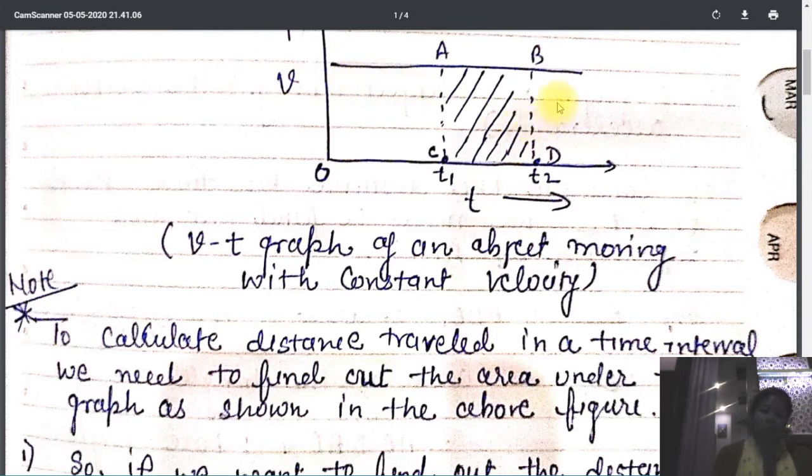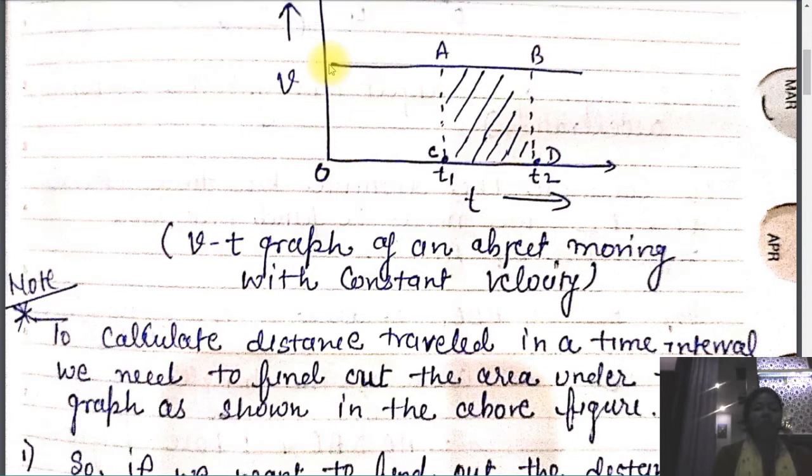But if we want the total distance, we will calculate the area under the whole graph, from this point to this point.